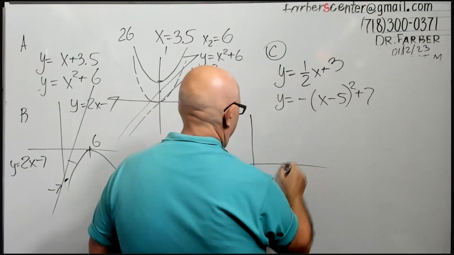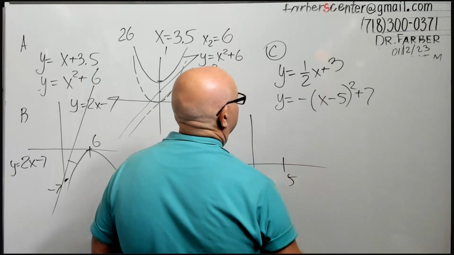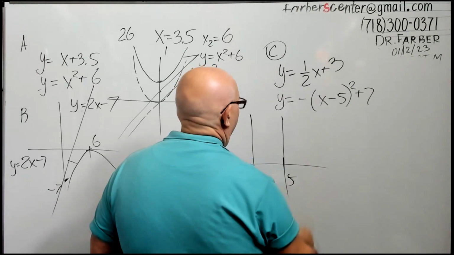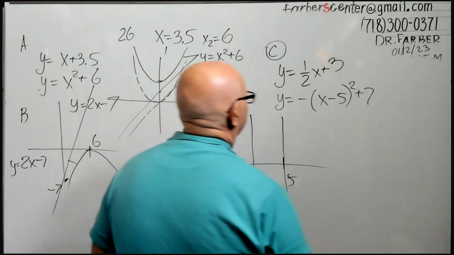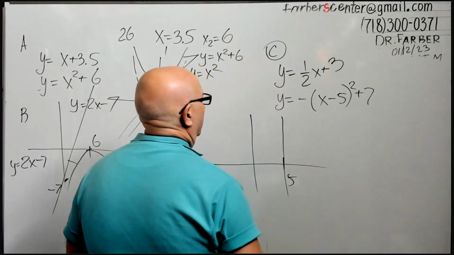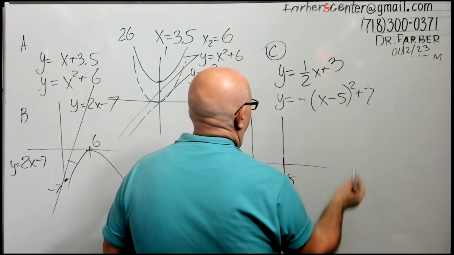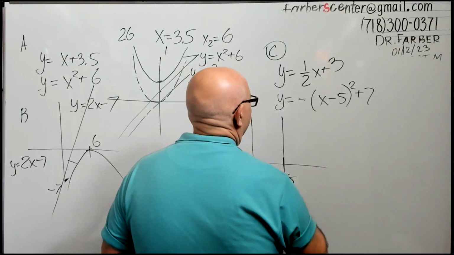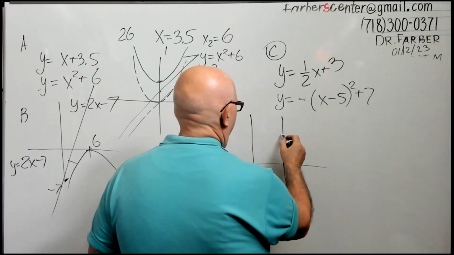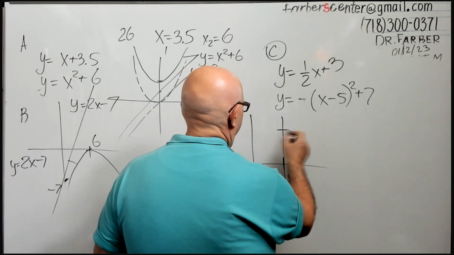5 units. Let's say this is 5. And minus in front means upside down. And plus 7 goes up over there. Let's say this is 7.